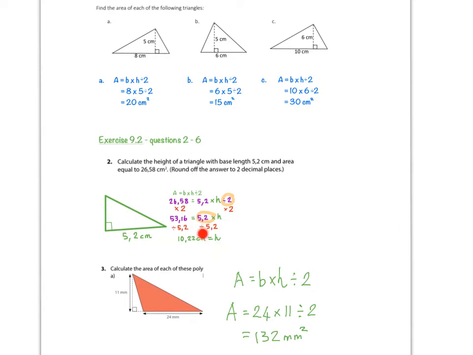Remember that times and divide undo each other. They're inverse operations. So if we divide by 5.2 on both sides, we're going to get h all on its own, and your calculator value should give you 10.22 centimeters.